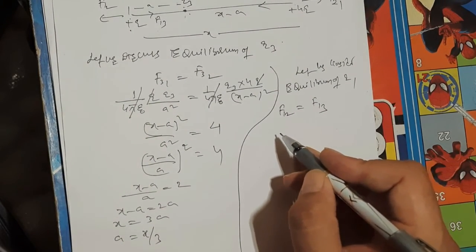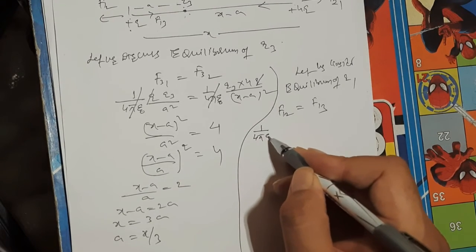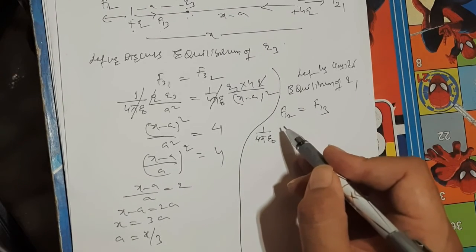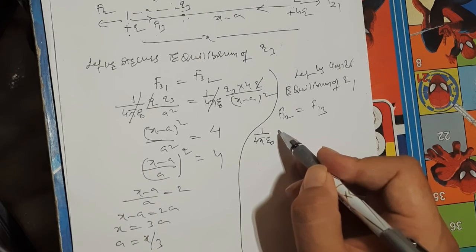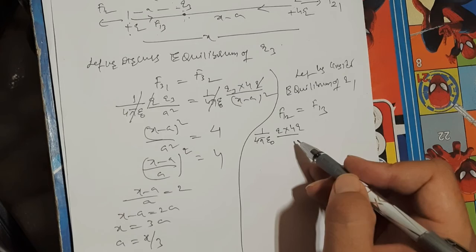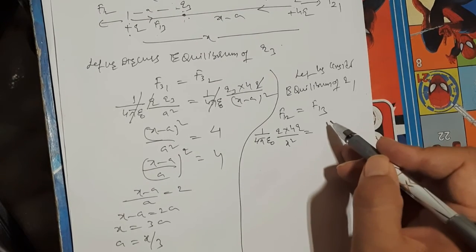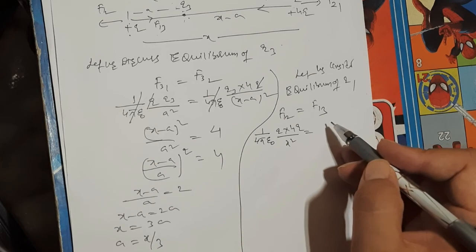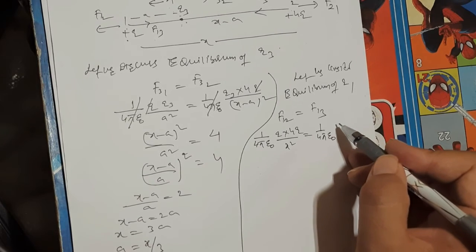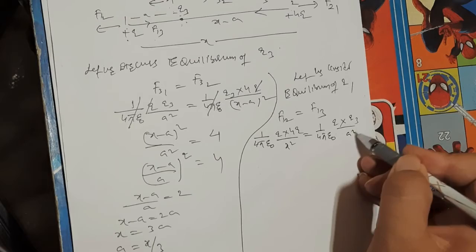So here F12, that means 1 by 4 pi epsilon naught, the force acting on the first charge due to the second charge, Q into 4Q divided by x square is equal to the force acting on the first charge due to the third charge, 1 by 4 pi epsilon naught, Q into Q3 divided by a square.